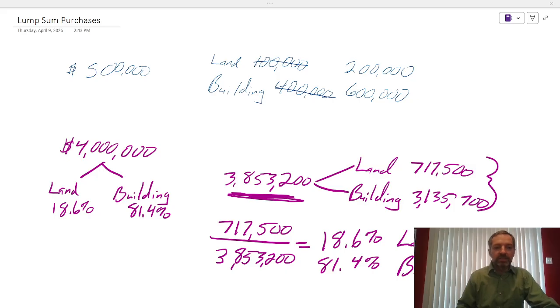And so I would say I paid $744,000 for the land. And the rest of it would go to the building, or $3,256,000.